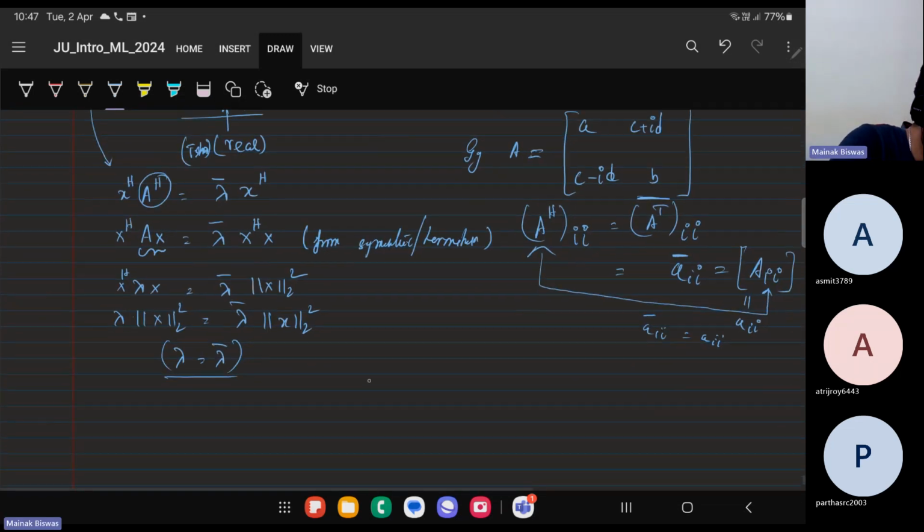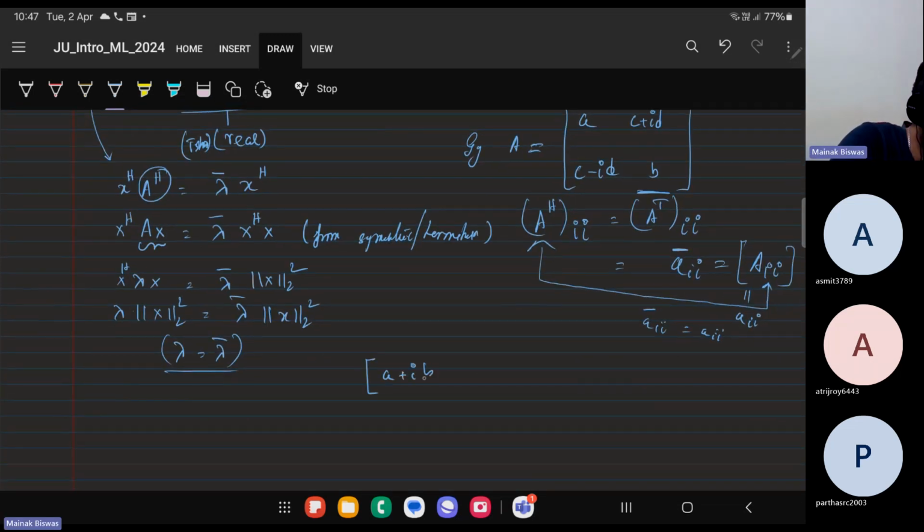So one example is a plus ib, c plus id. If you have to find the radius of this vector, what is it? It is a square plus b square plus c square plus d square, right?